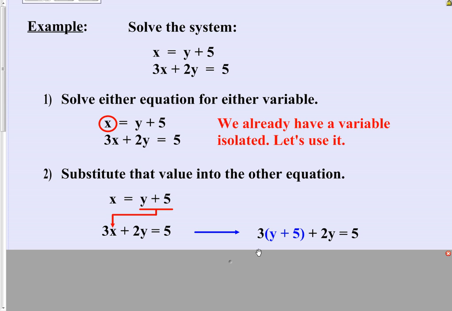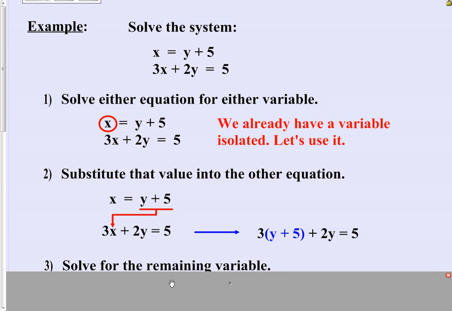This is the substitution property. So our second equation, instead of being 3x plus 2y equals 5, becomes 3 times (y plus 5) plus 2y equals 5. Now what we have successfully done is we have a new equation that no longer has two variables in it. It only has one variable, so we can solve for that variable.